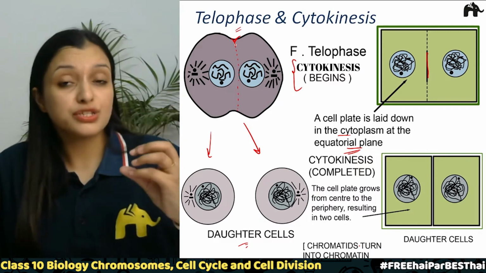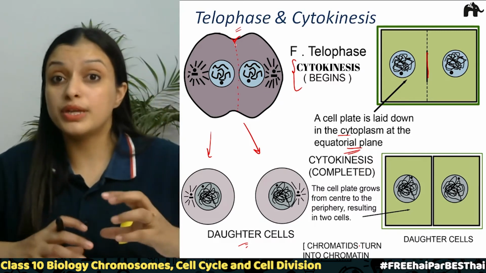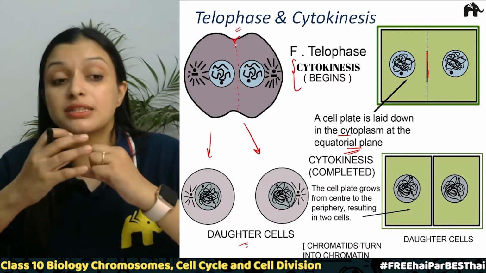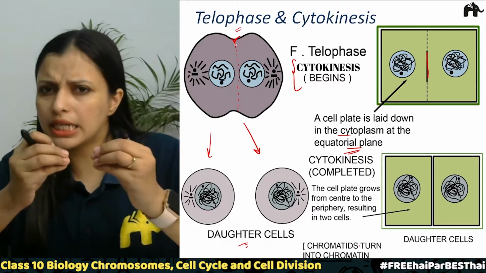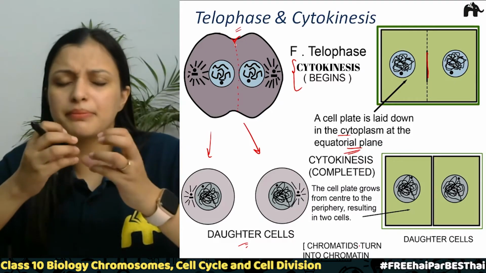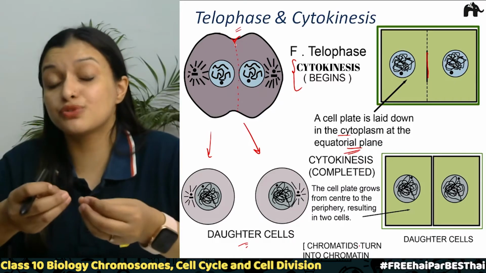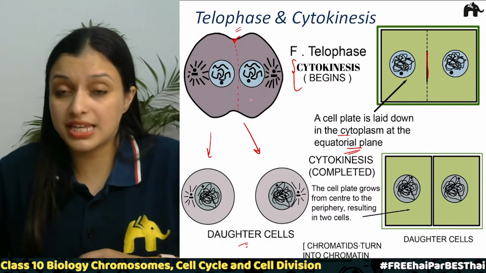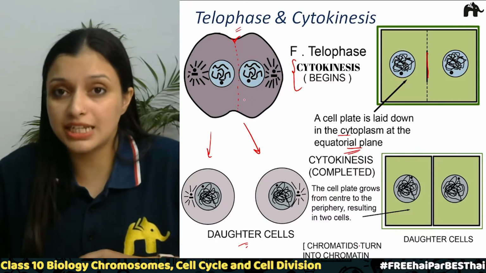Now also the chromosomes, which became short and thick in prophase, now again start thinning and start becoming like those chromatin threads which we see in the interphase stage. Correct? So the same thing will happen in the telophase, right?